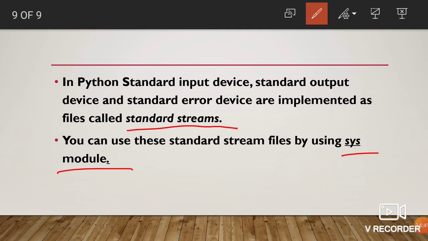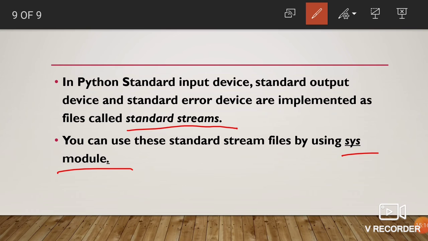Okay, your standard input device is the keyboard, because generally we use the keyboard for entering data, for inputting data to a program interactively by typing. So the keyboard is known as the standard input device. Then the standard output device.